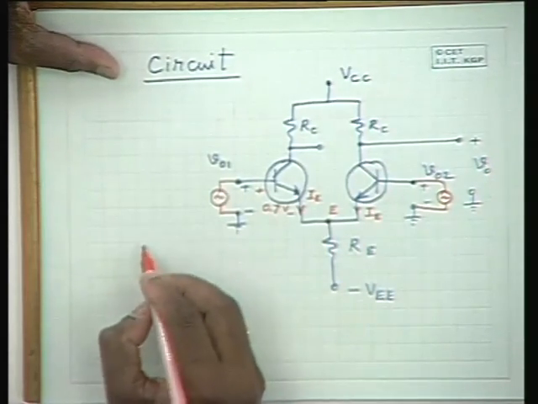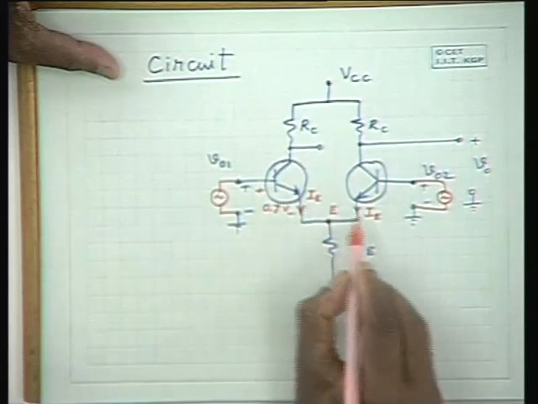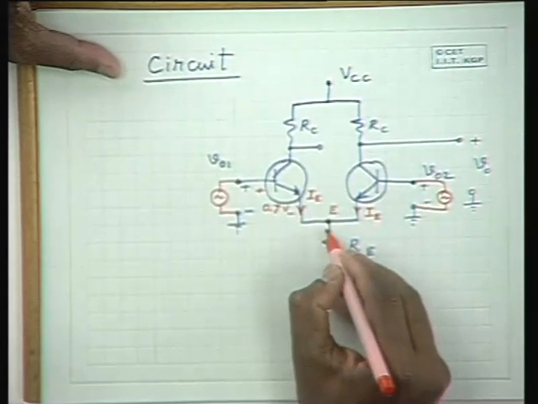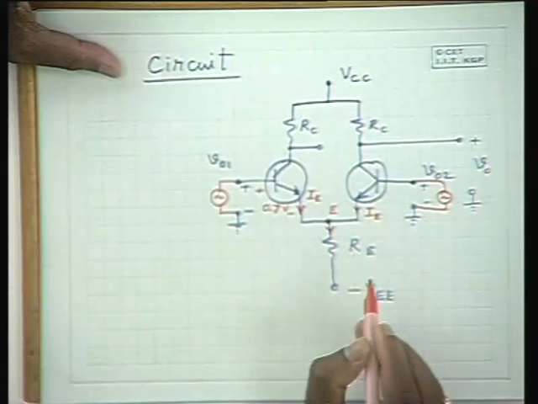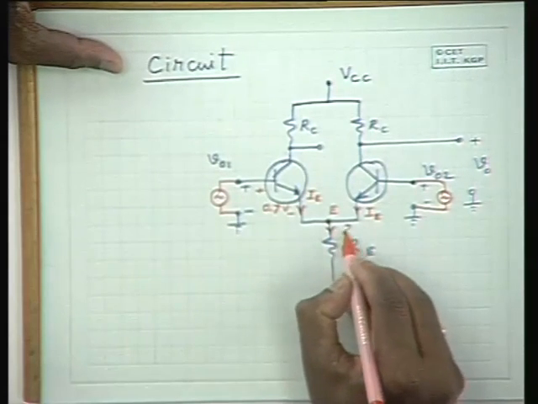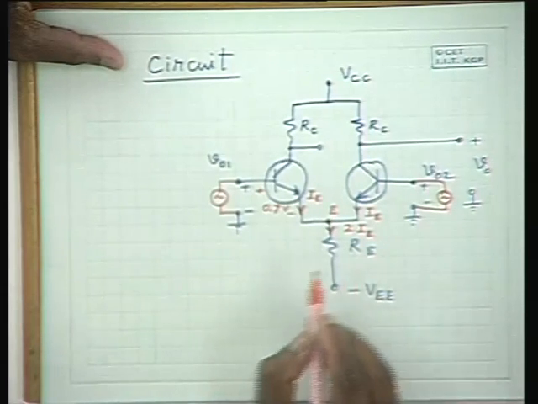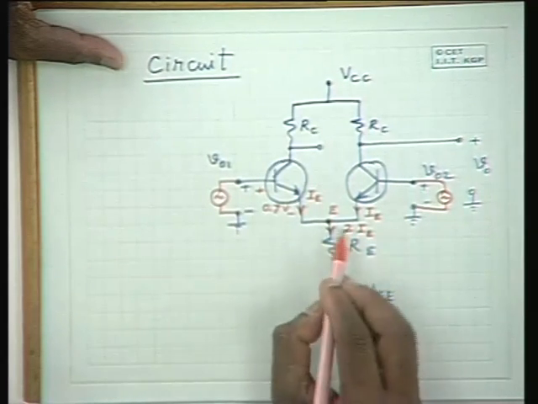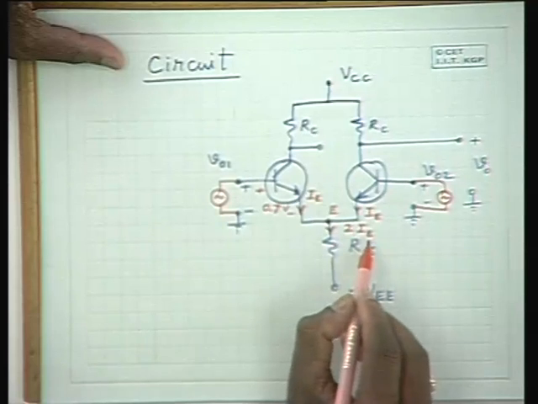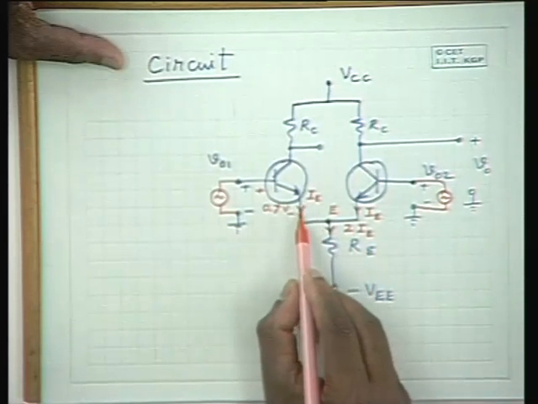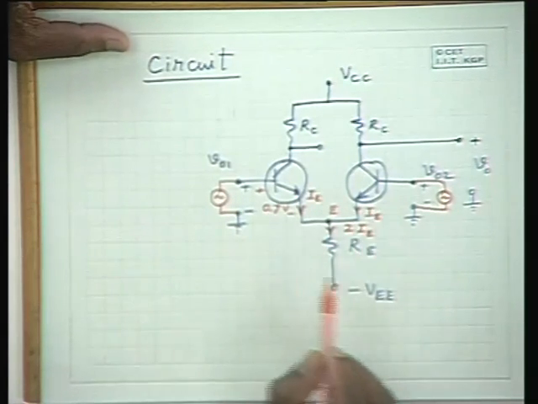and if IE flows through this and IE flows through this, what is the current flowing through RE? It is naturally 2IE. Or if the current flowing through RE is called IE, then this current is IE by 2 and this is also IE by 2.